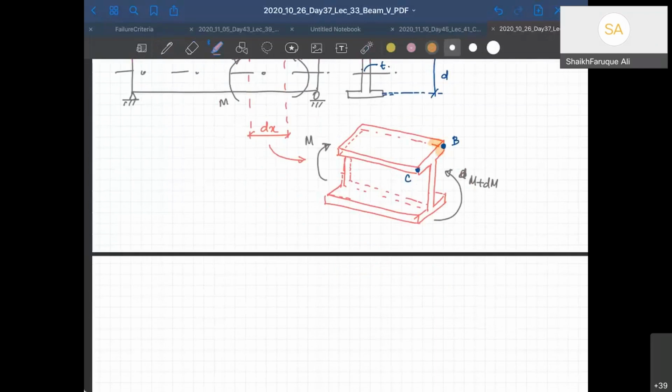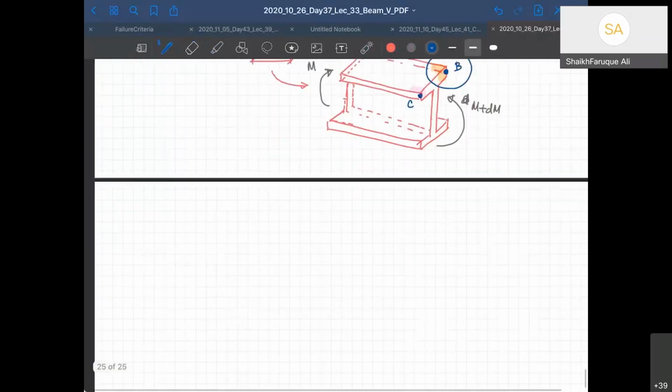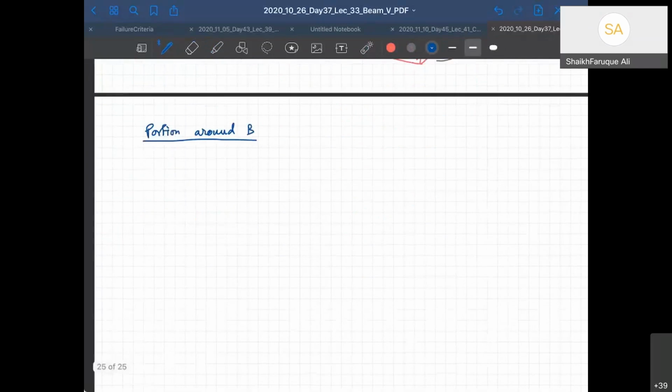And then I would like to look at the portion which is around this. Okay. So the portion around B is going to look like this.